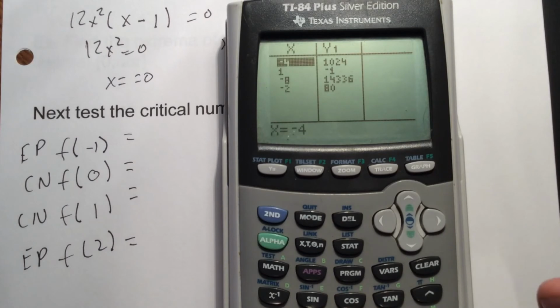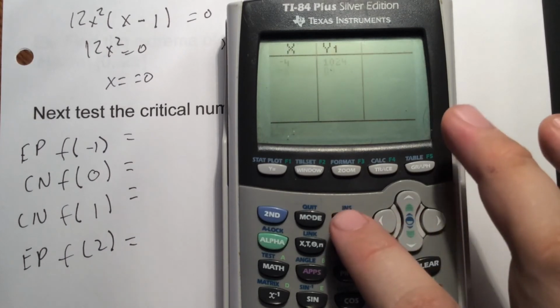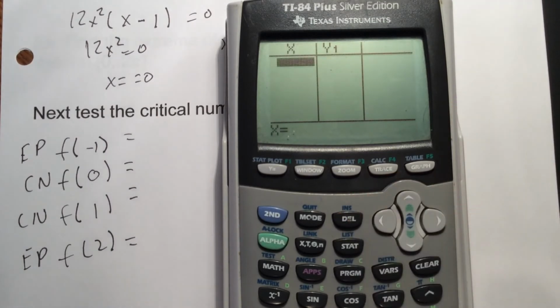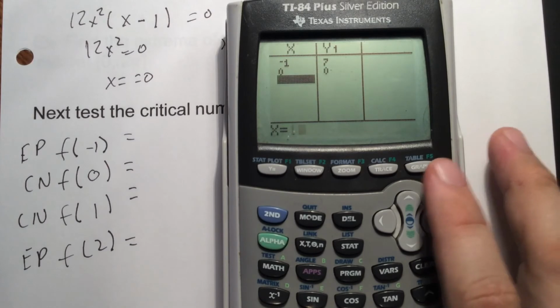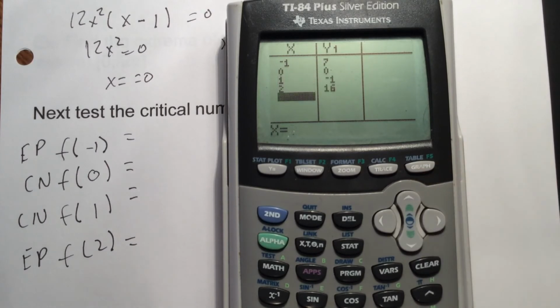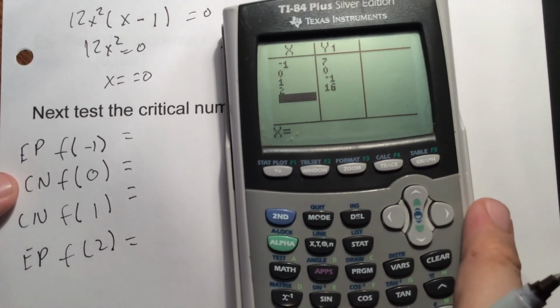So let me go second table. And I'm going to clear these out. You'll have to delete them, not clear. And so then we can put in -1, 0, 1, 2. So we have our values there that we can write down.